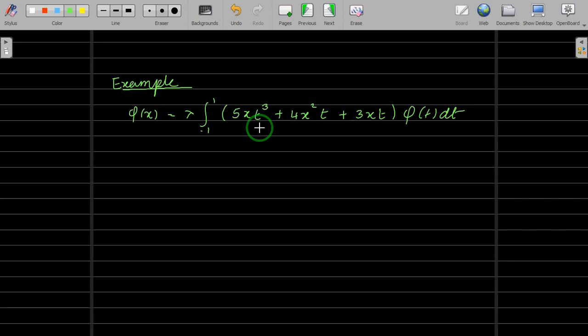You want time for this? In this case you have a separable kernel with 3 terms, so the summation has 3 terms and you will have C1, C2, C3.